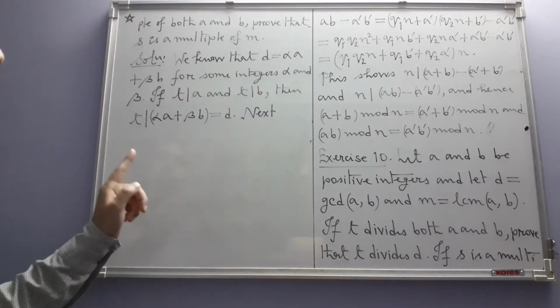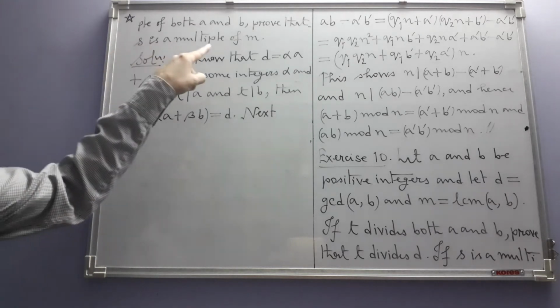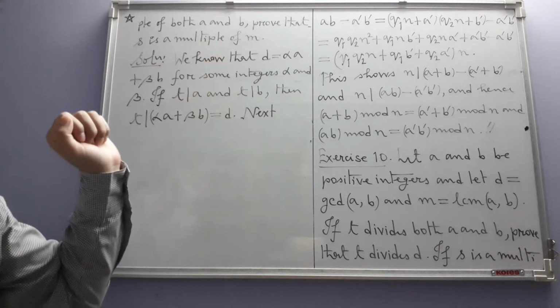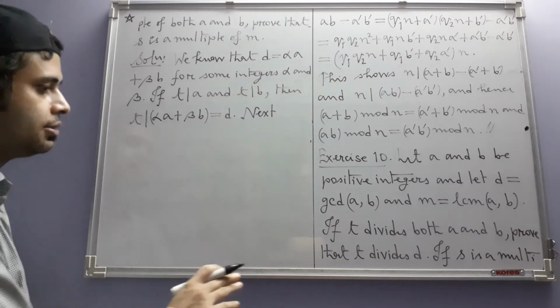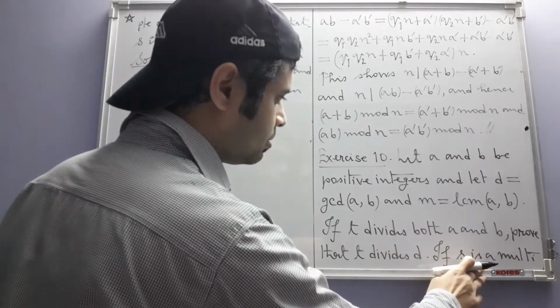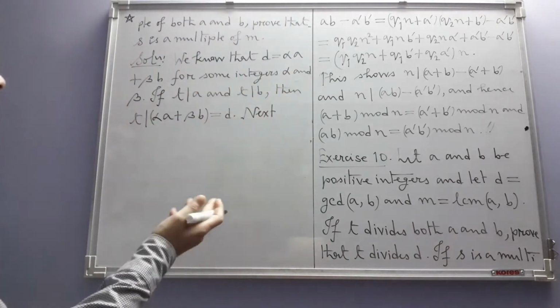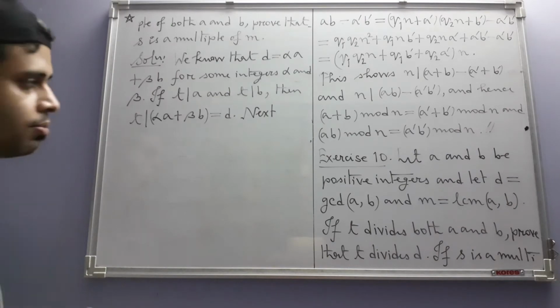Next, what we have to prove is that S is a multiple of M. What is S? S is a multiple of both A and B. It is a common multiple.